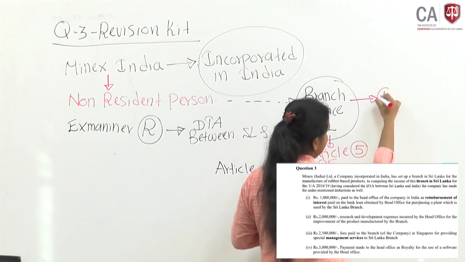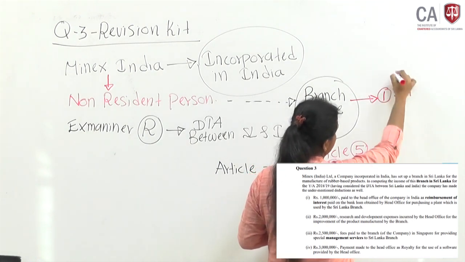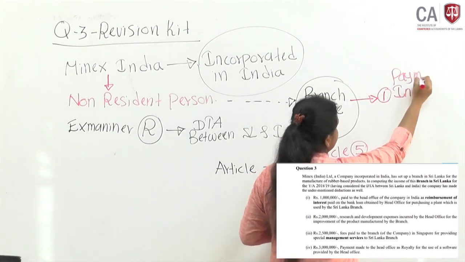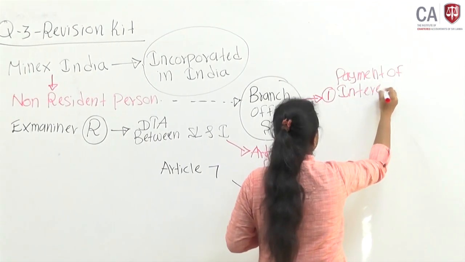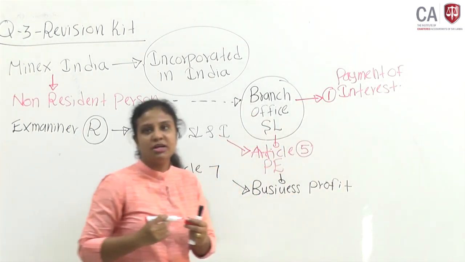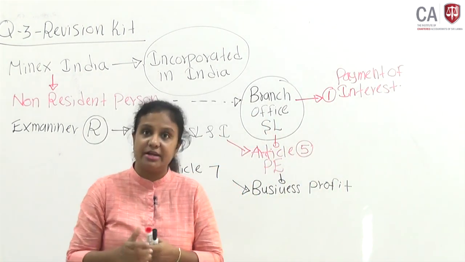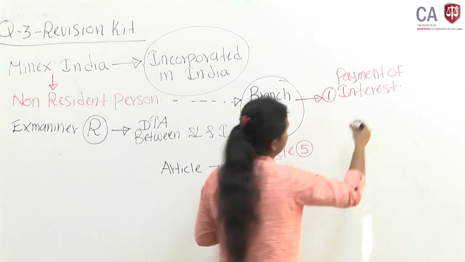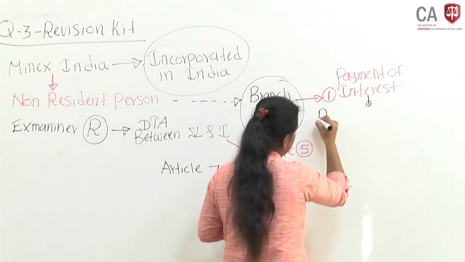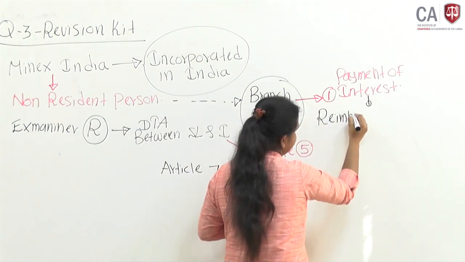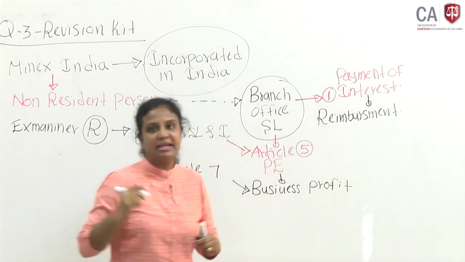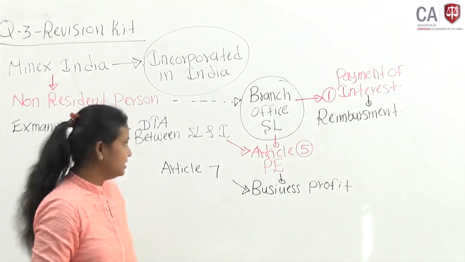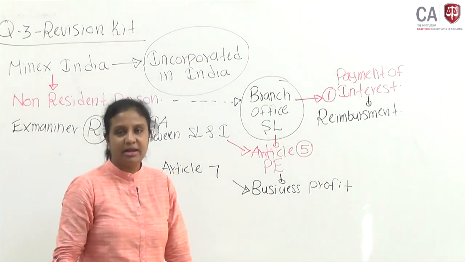What's the purpose of the interest? I will take the first transaction, the payment of interest. This is not the payment of interest of the head office. This is a reimbursement. Reimbursement means the expenditure which I should incur has been incurred by the head office.